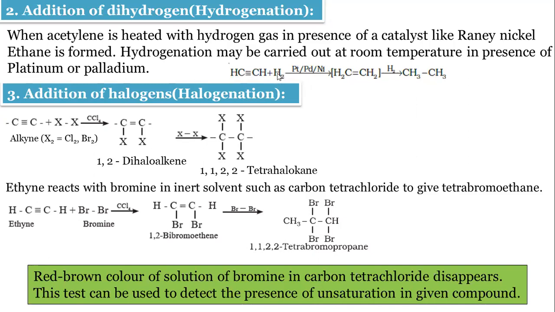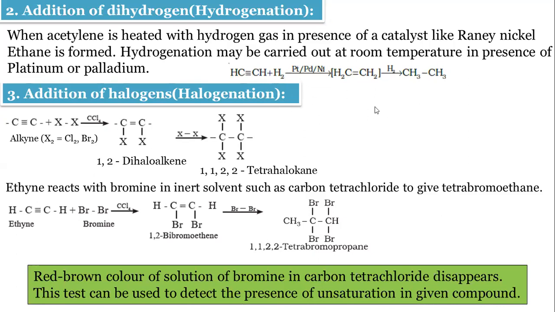In the first step, 2 hydrogens are added and we get alkene. Again 2 hydrogens are added and we get alkane. So in total 1, 2, 3, 4 hydrogens we have to add, meaning twice H2. Directly, if you write twice H2, we can convert alkyne into alkane.